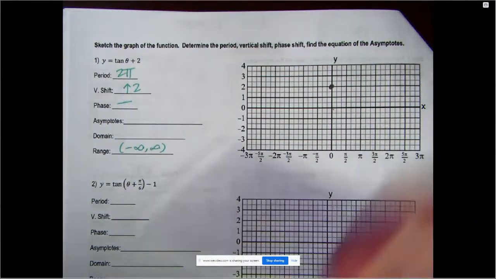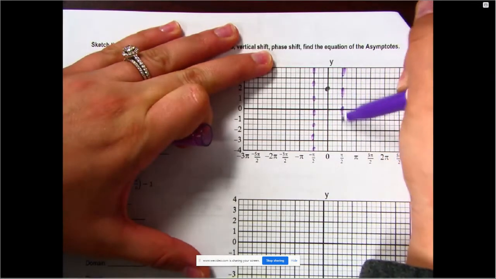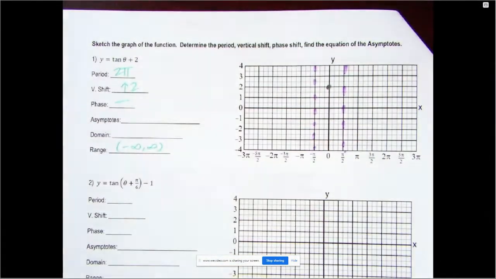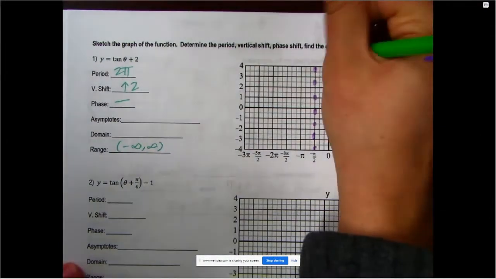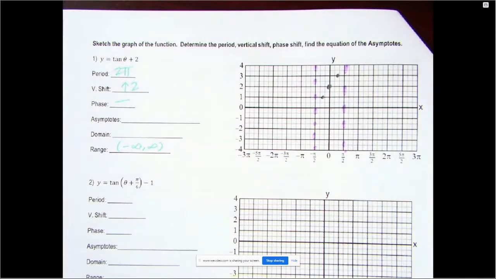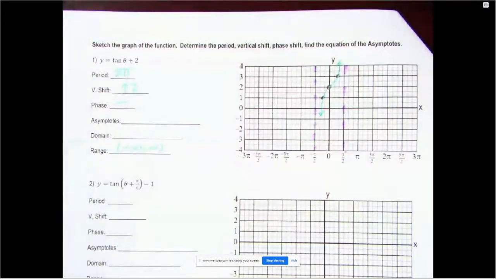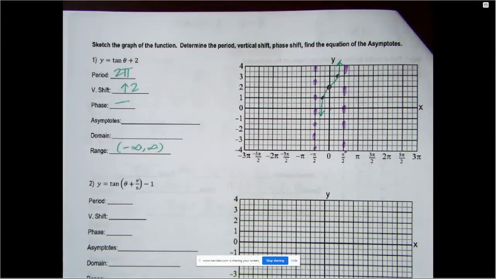I will have my asymptote on either side of it. The amplitude is still 1, so I'm going to go up 1 and down 1 on either side. So this little section here is what I'm going to repeat across the whole graph.